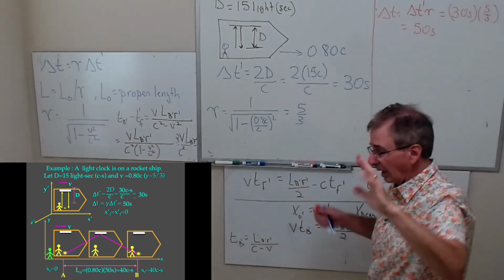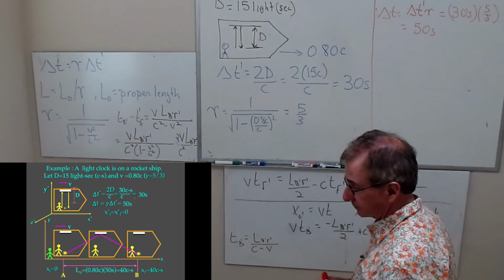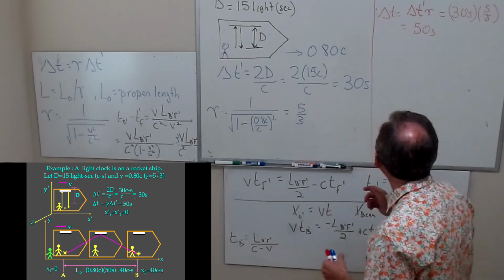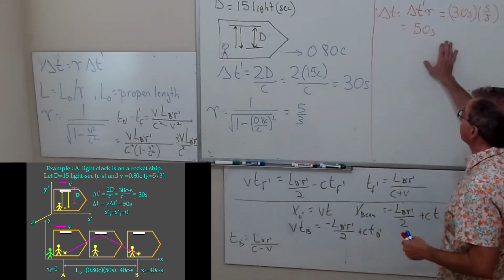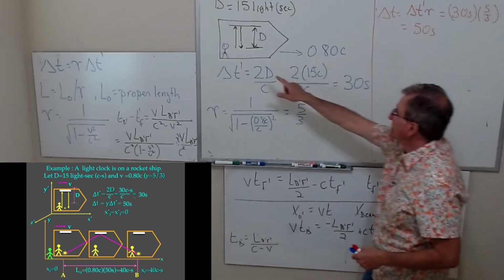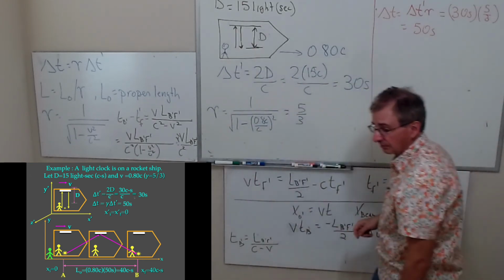And that agrees with the time dilation stuff we were talking about before. So it takes 50 seconds for the light wave to go from here to here and back, as you see in the bottom picture.